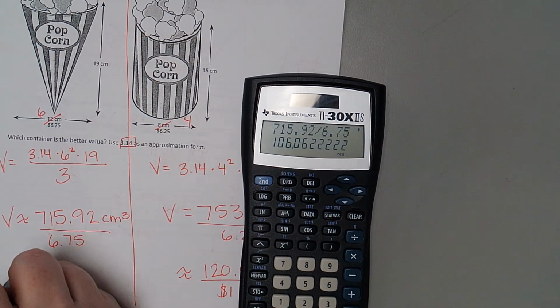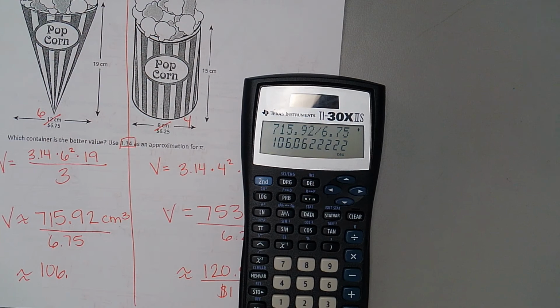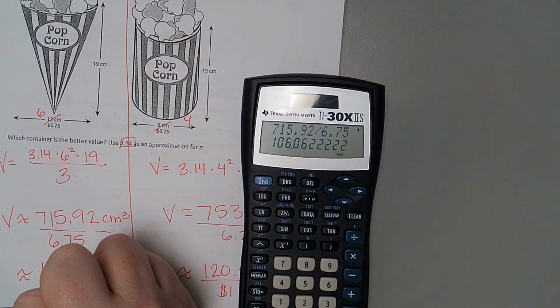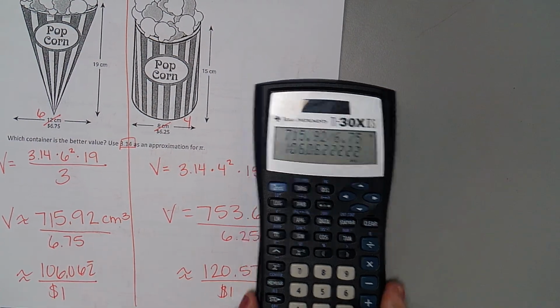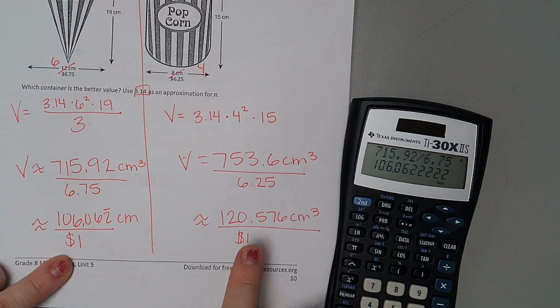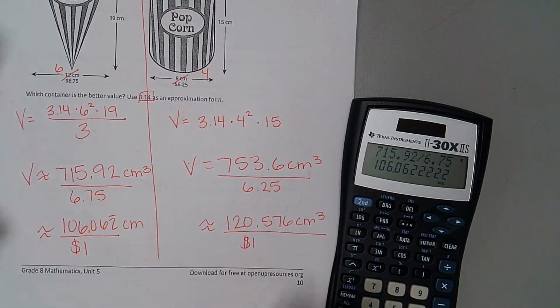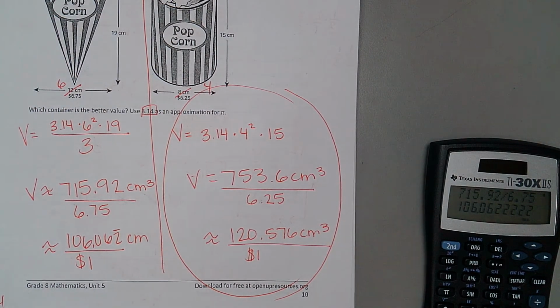So this side, you get about 106.062, and that 2 is repeated, per $1. So you get more popcorn for your $1 on your cylinder. So if you didn't say cylinder, that's okay. It was just a guess of which one you thought might be the better deal.